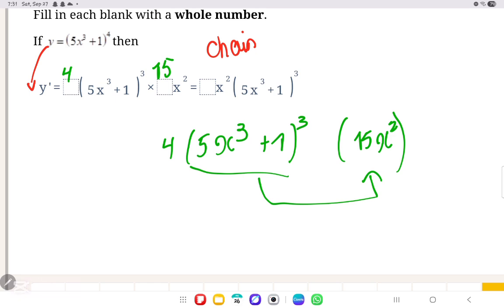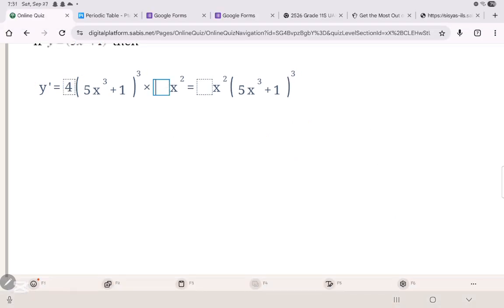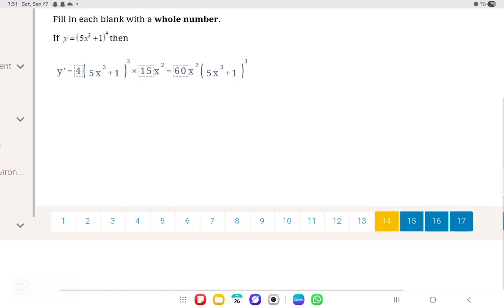And now you just need to multiply 15x squared and 4. That's going to give us 60x squared times 5x^3 plus 1, all of it being to the power of 3. Okay, so this is 60 over here. So the answers are 4, 15, and 60x to the power of 2.